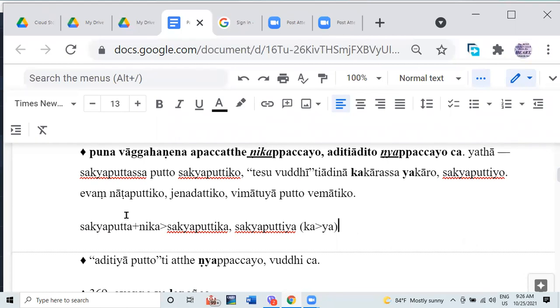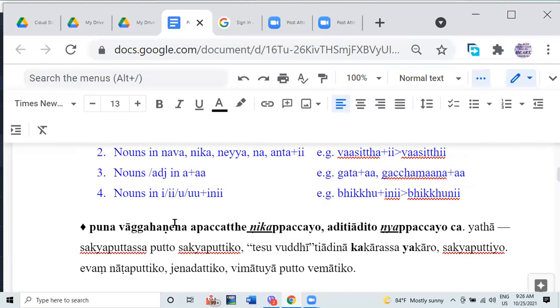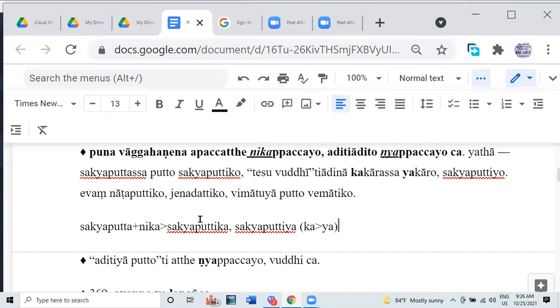In the same way, Nata Bodhiko, the son of Nata Buddha. Jenadadigo, the son of Jinadada. Sajabodhika, Nata Bodhika, there is no Bodhi. Vimaduya Buddha, Vimadiko.